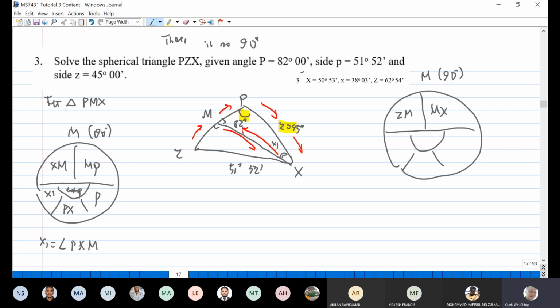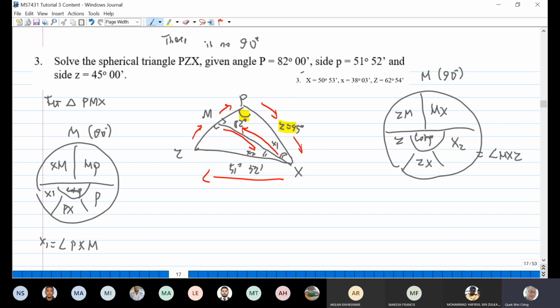Then we encounter the angle, let's call it X2, which is angle MXZ. Then going into the side is ZX. Then we come to angle Z. This is the view for the second half.